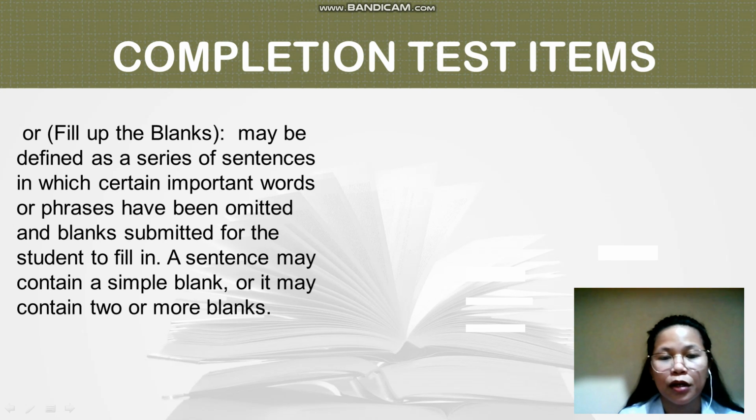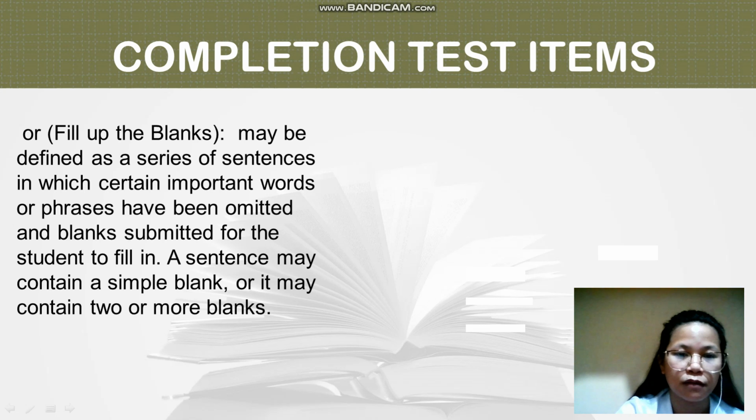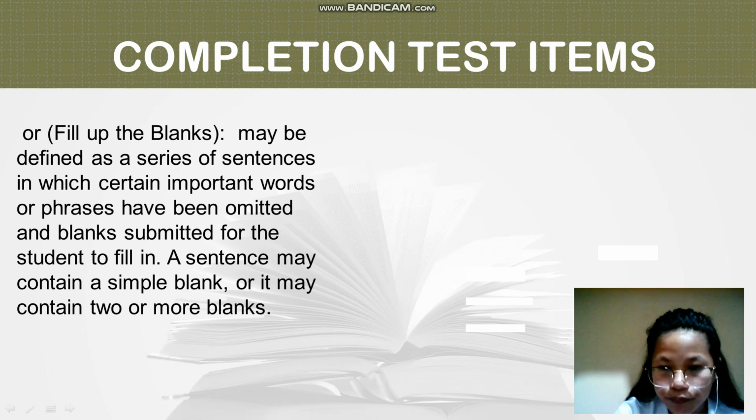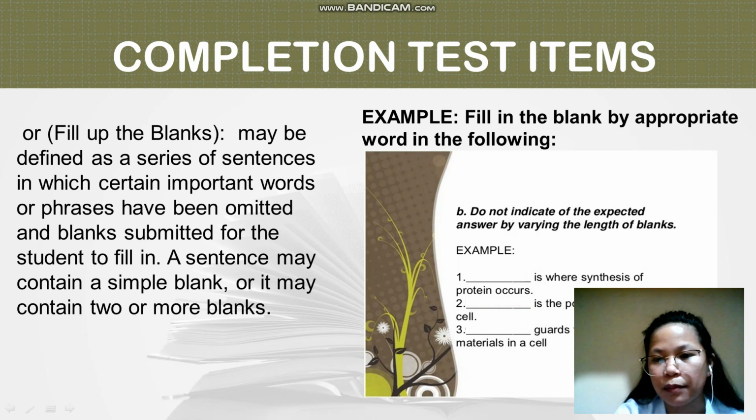You need your knowledge, everything you have studied, to answer those questions. Maybe we find a series of sentences in which certain important words or phrases have been omitted. The blanks are submitted to the student to fill in. A sentence may contain a single blank or it may contain two or more blanks. So this is an example of fill in the blank.